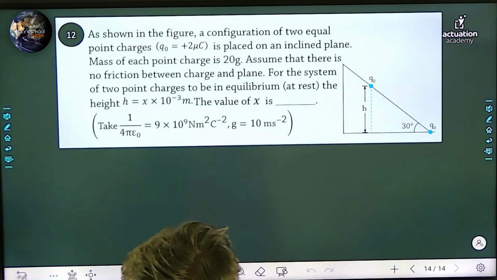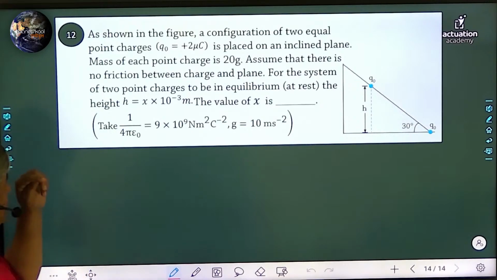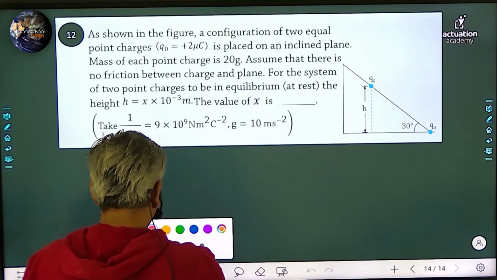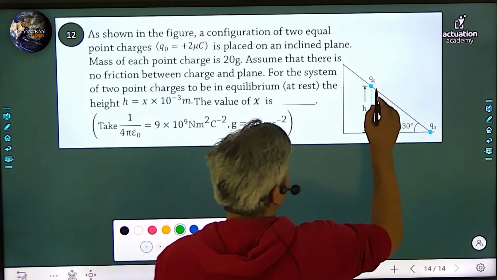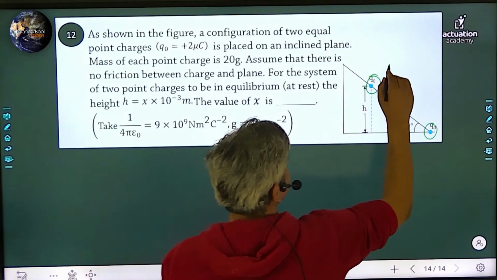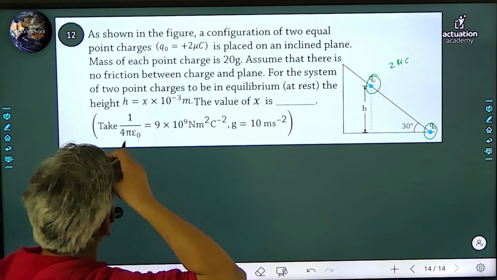As shown in the figure, a configuration of two equal point charges Q naught is equal to 2 microcoulomb. There are two charges shown here, each of 2 microcoulomb, placed on an inclined plane.